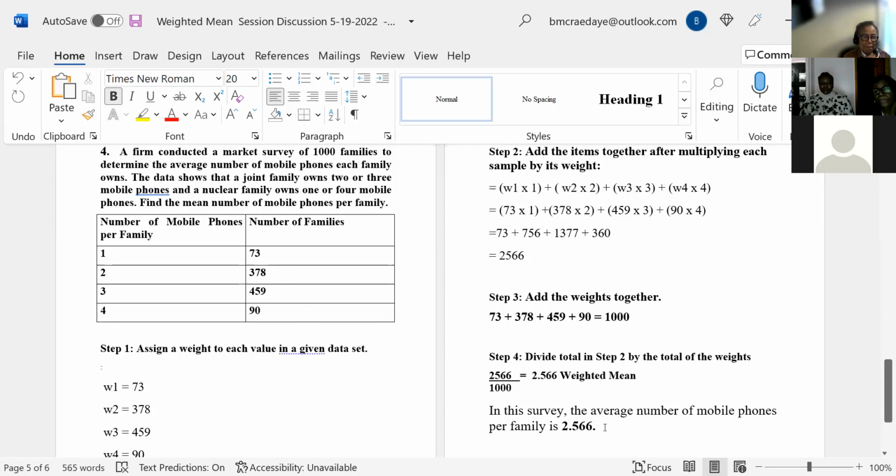Any questions? So we divide 2,566 over 1,000, or 1,000 divided into 2,566, into that weighted total. Divide 2,566 by 1,000, Michelle.